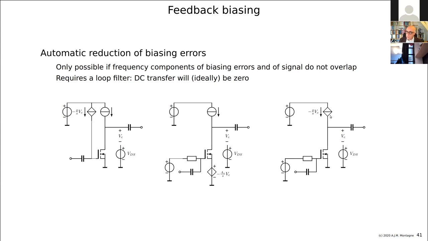So if you talk in terms of feedback, you would call this more an overall feedback technique. The transistor is in the loop. Here the transistor is in the loop, and here the transistor is not at all in the loop. You're just fixing the voltage here. So even if the transistor is dead, you would fix the voltage here. So from the point of view of testability, which is very important for biasing, here, if there's something wrong with your amplifier, something wrong with the transistor, you immediately have the wrong bias solution, because the controller cannot work because the transistor is part of the loop.